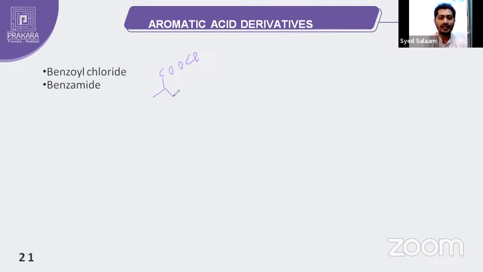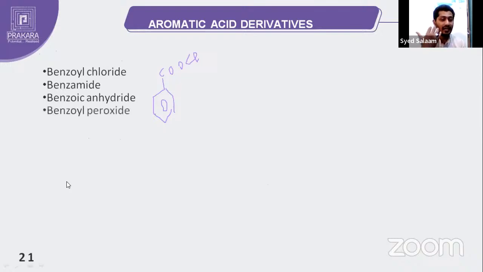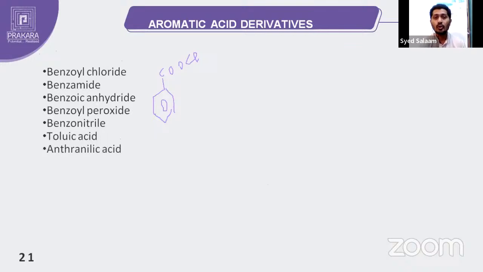Similarly, when it has NH2 instead of that chloride, we call it benzamide. Likewise, we have various derivatives of benzoic acid that include benzamide, benzoyl chloride, benzoic anhydride, benzoyl peroxide when there is a peroxide moiety, and benzonitrile, and toluic acid. Toluene having a carboxylic acid, we call toluic acid. Anthranilic acid, as we have seen, is when there is NH2 on the benzoic acid.